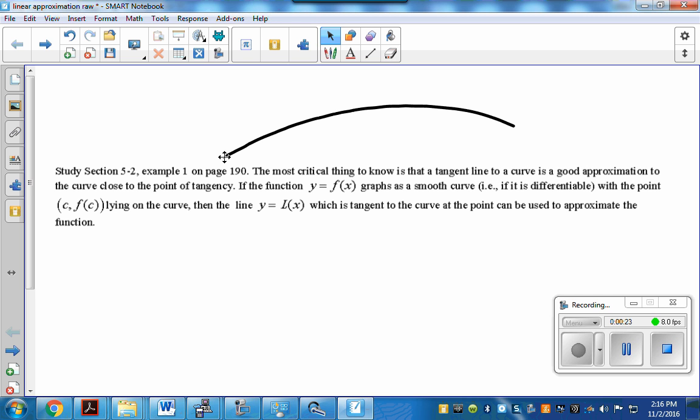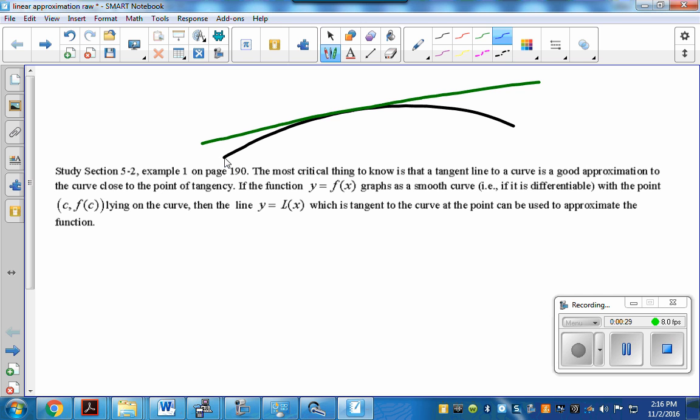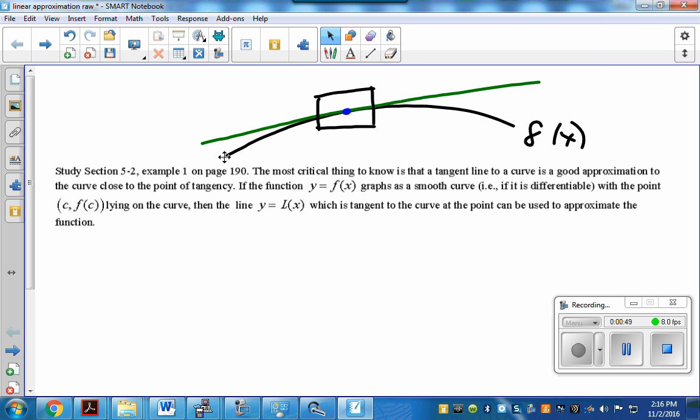Okay, so you have a curve, and you have a tangent line to the curve, touching at a point. And the key in this whole idea of differentials and deltas, or tangent line approximations, is that if you are near this point of tangency, the curvy function can be approximated by a line.